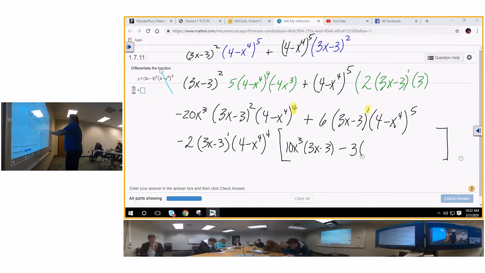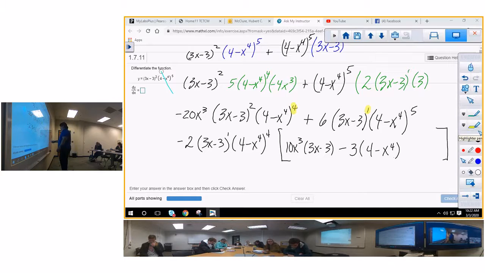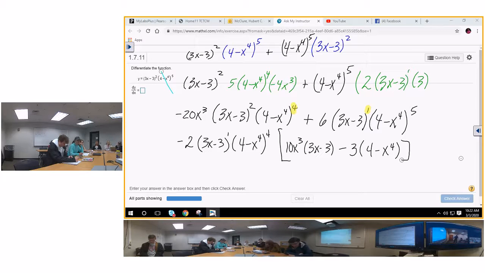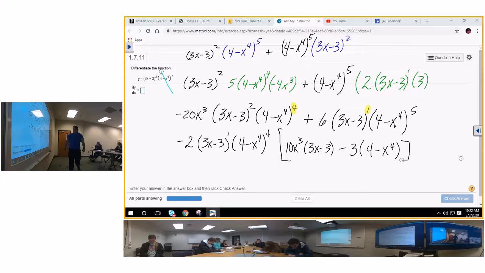The 3x minus 3's cancel. And that leaves 4 minus x to the fourth to the first power. I have no idea how they're going to want this answer.